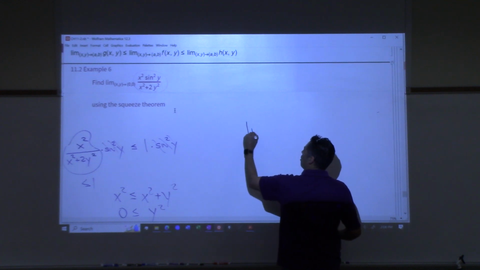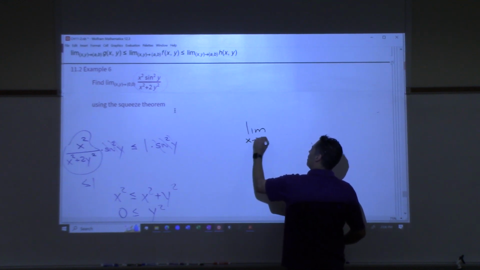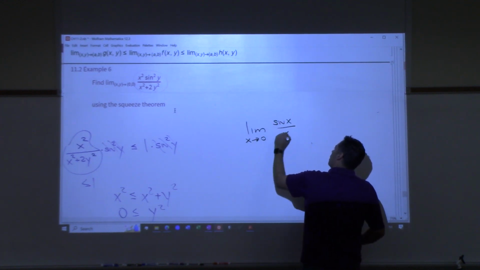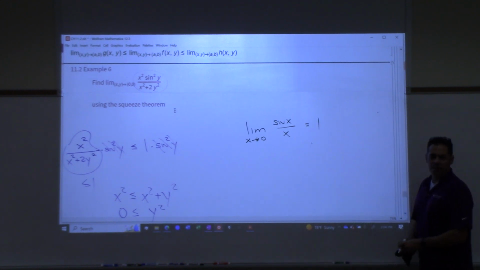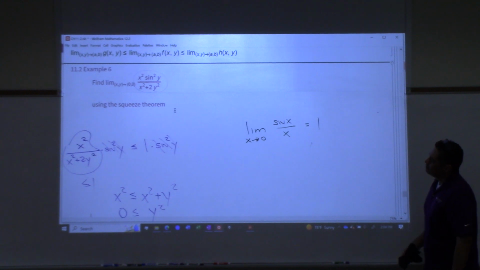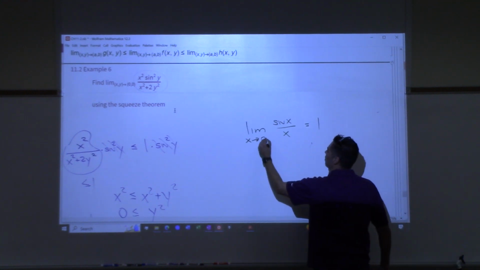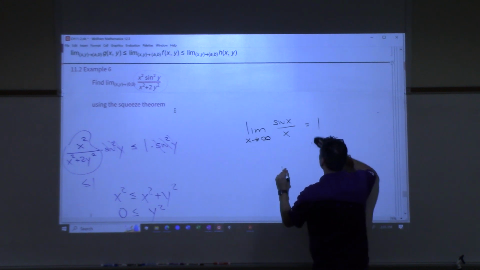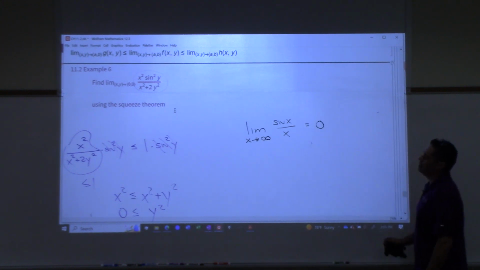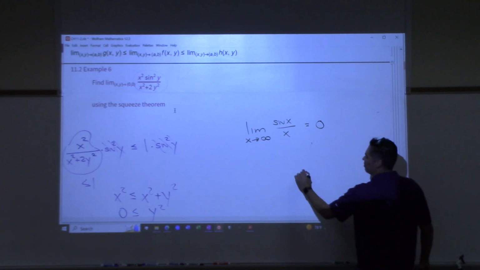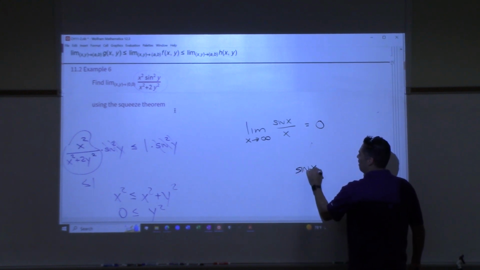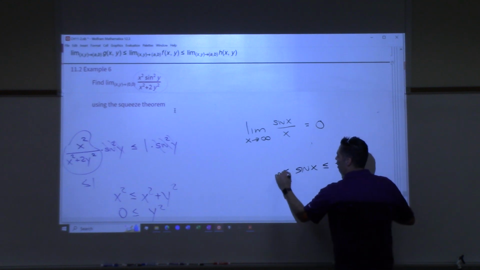Try to show that this limit is equal to 1, right? Show that that limit's equal to 1. Maybe not. Oh, sorry, it goes to infinity, sorry. This one. Show that that's 0. That's when you first see it in squeeze theorem, something like that. And so what you do is you start out by saying sine x is bounded between -1 and 1.